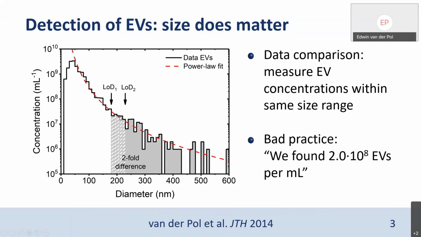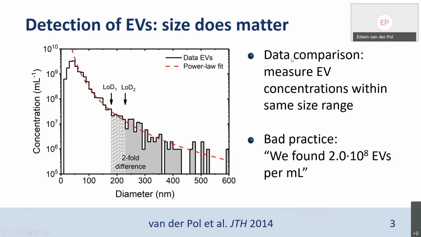And this affects the detection because you can imagine if you have two flow cytometers with a different limit of detection, one at 180 nanometers and the other at 30 nanometers, these flow cytometers measure already a twofold difference in the total concentration of EVs.